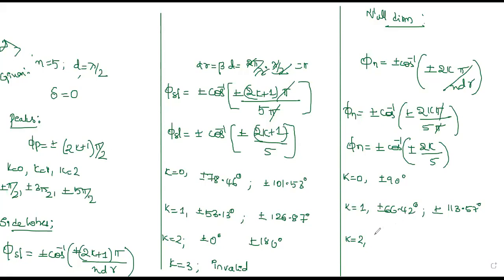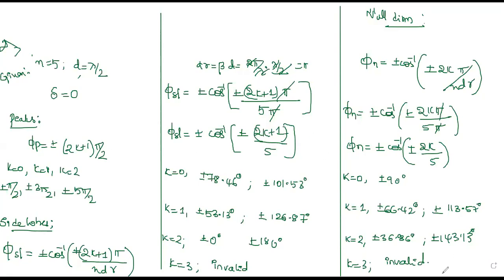K is equal to 2, 36.86 and 143.13. What about k is equal to 3? Invalid. Correct.